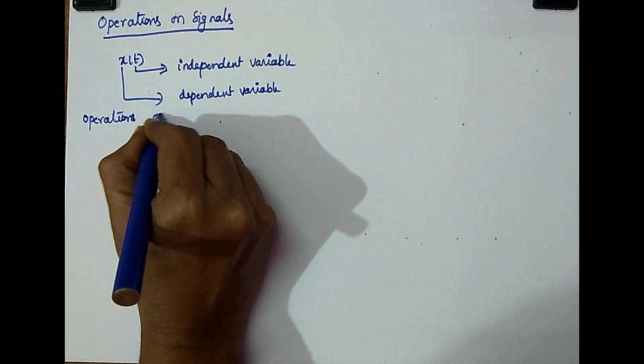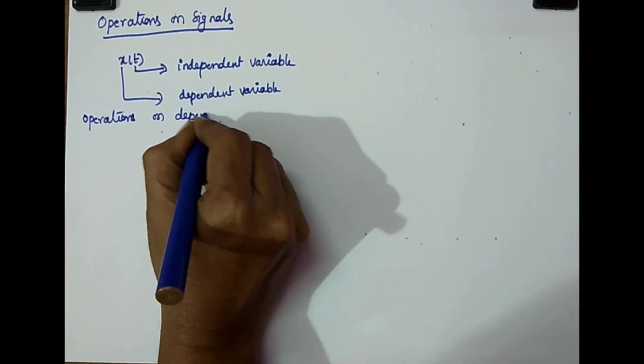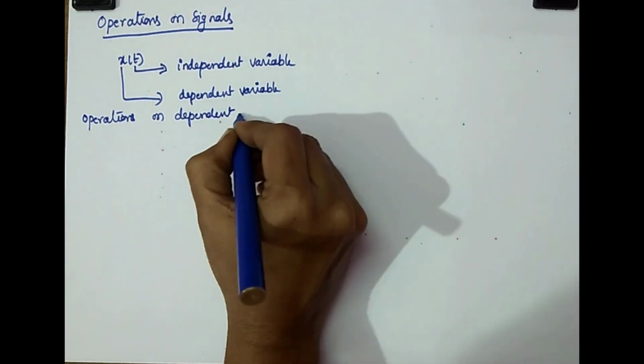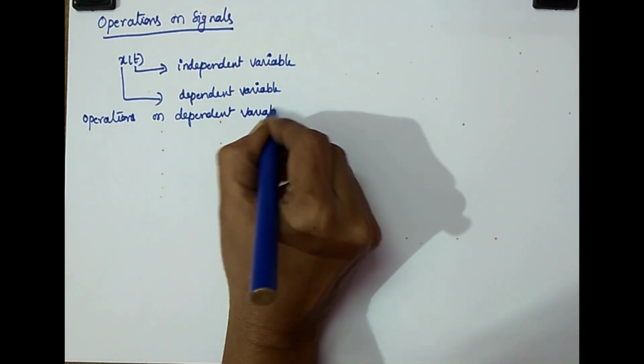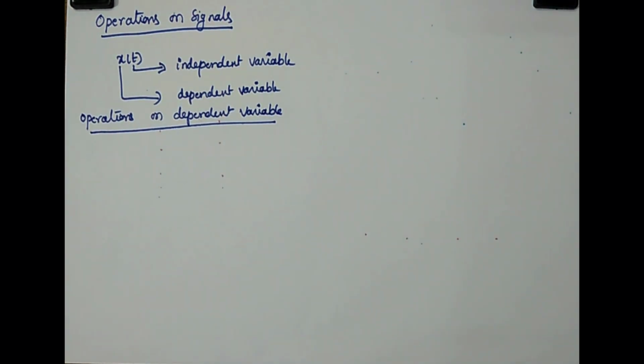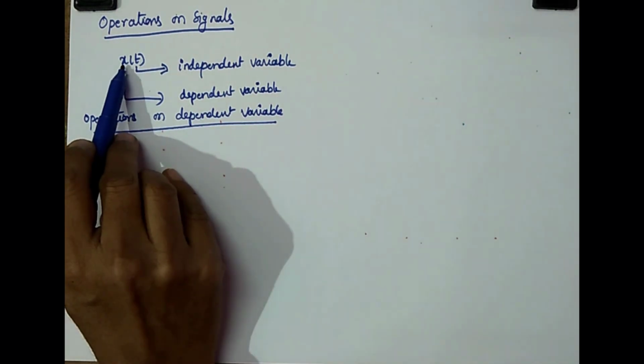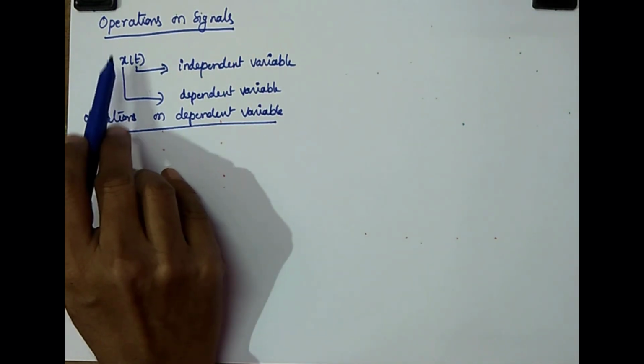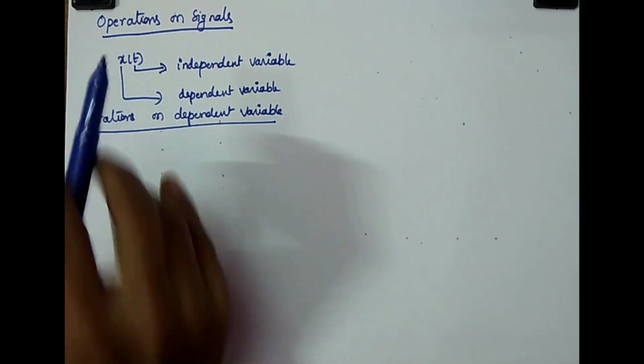Operations on dependent variable. Okay, so what is this dependent and independent? This x always depends on t, but t is independent.